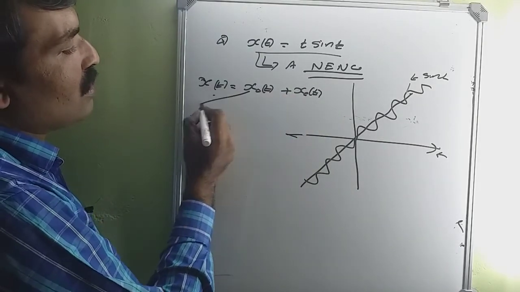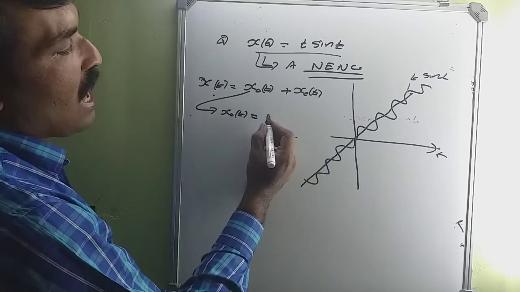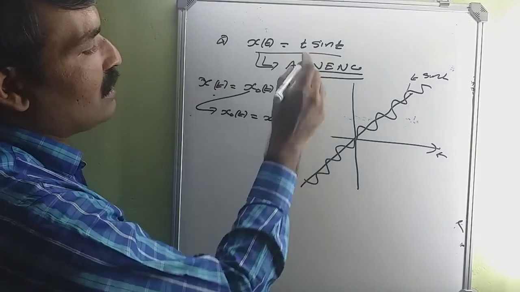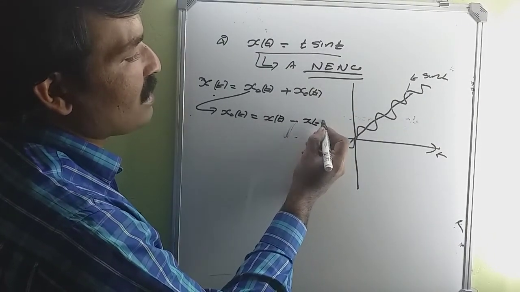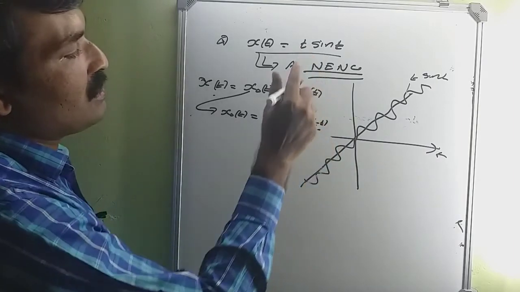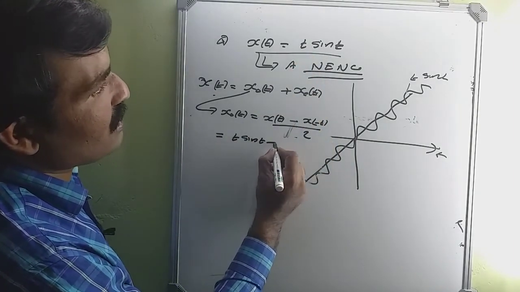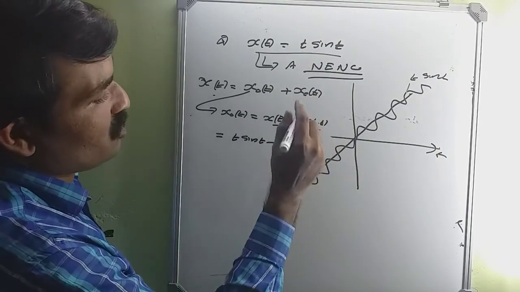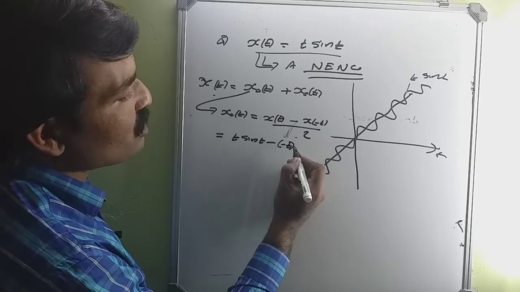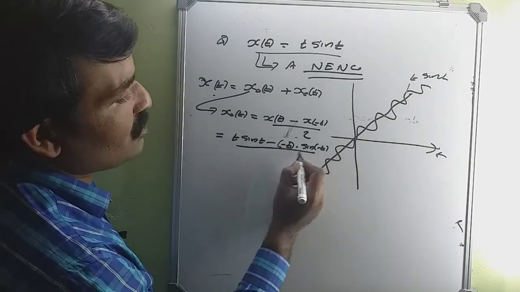Here the odd component is equal to x of t minus x of minus t, by 2. That means t into sin t minus x of minus t, where t is replaced by minus t. That means minus t into sin of minus t, by 2.